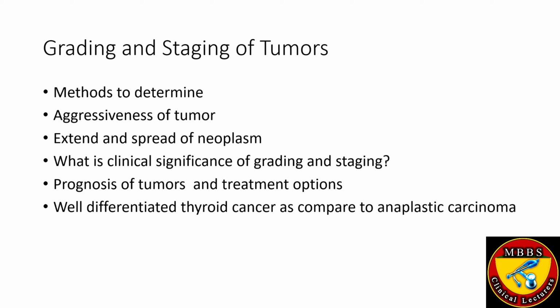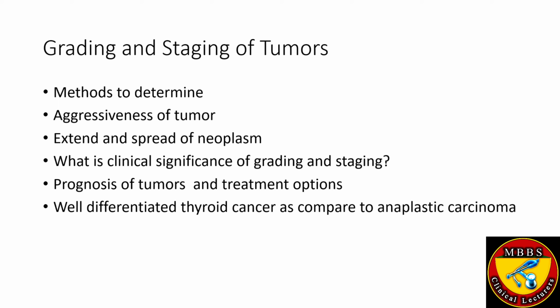And these are also very necessary for making an accurate diagnosis and to know about the prognosis of the patients. So now you come to know what the clinical significance of grading and staging of the tumor is.